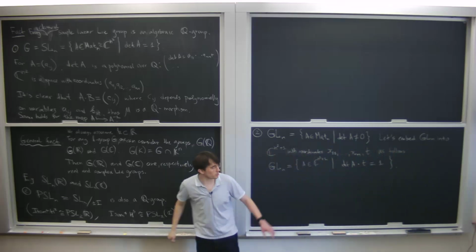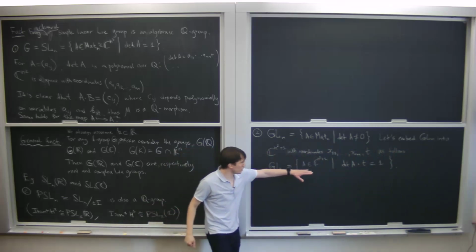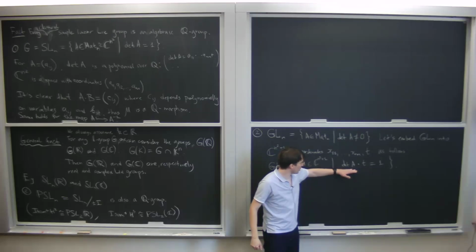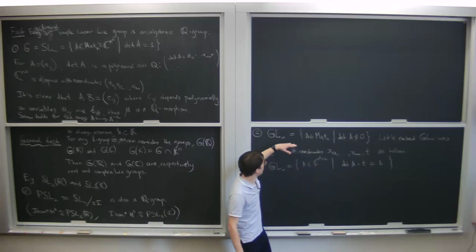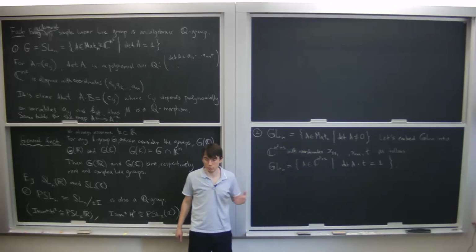From this equation, we already see that neither the determinant of A nor t can be equal to 0, which gives us precisely the description of GL_n.